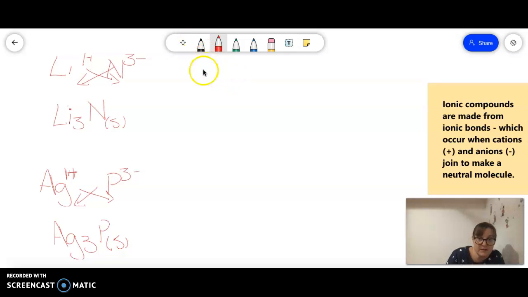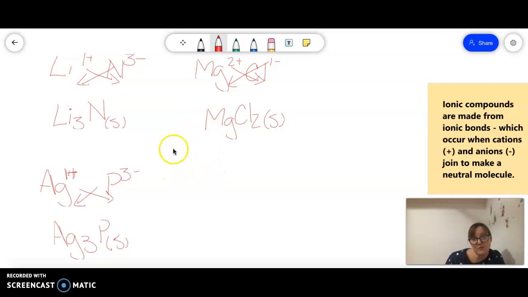We could have magnesium, and we could have chlorine or chloride. We'll cross these down, Mg1 here, Cl2, solid.